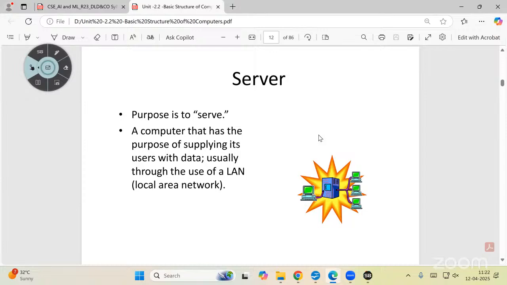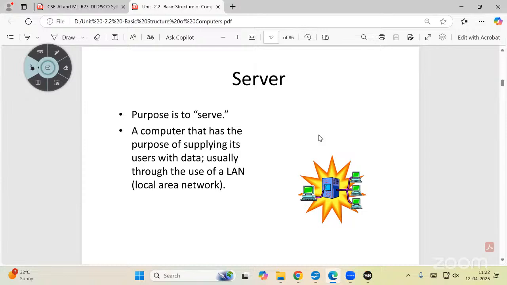Instead of spending 60 lakhs, we spend only 1 lakh by using a server computer. This is serving the other computers, and all the 60 systems are connected in a LAN. What does LAN stand for? LAN stands for local area network.